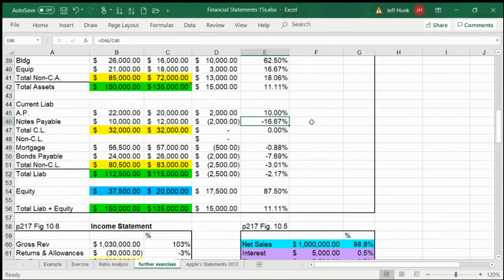Think about it, accounts payable is not a credit sale initiated by you, it was a credit sale offered by your vendor or supplier, right? So you're not paying any interest on it.